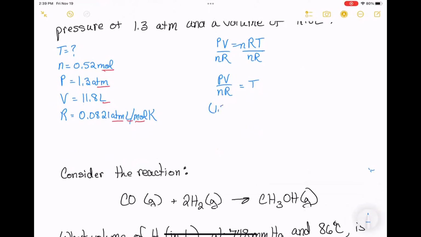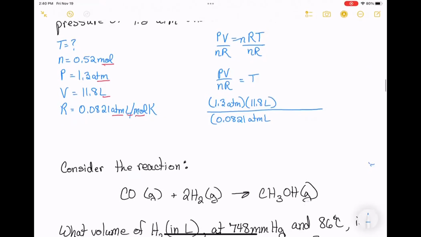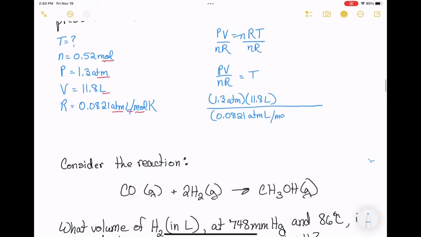So 1.3 atmospheres times a volume of 11.8 liters divided by 0.0821 atmosphere liters per mole Kelvin times N, which is 0.52 moles.